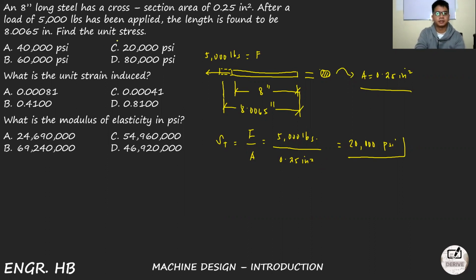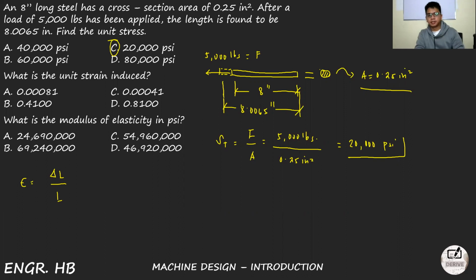So meron ba tayo dito? So that was go for letter C. And we have 2 remaining. No? So what is the unit strain induced? Okay. So we all know that the unit strain is just the ratio of the change in length divided by the original length.